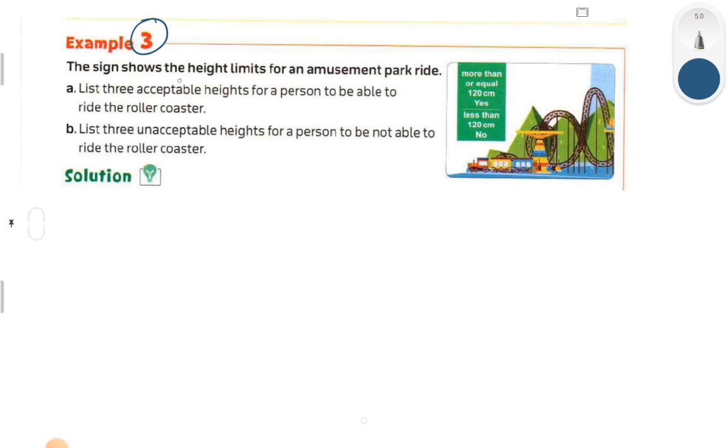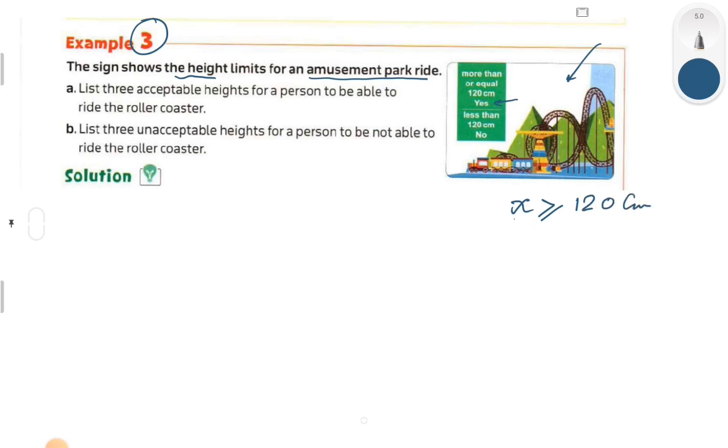The sign shows a height limit for an amusement park ride. We have a park or a play game. Read with me. More than or equal 120 centimeter, yes. I can write it as x more than or equal 120 centimeters.